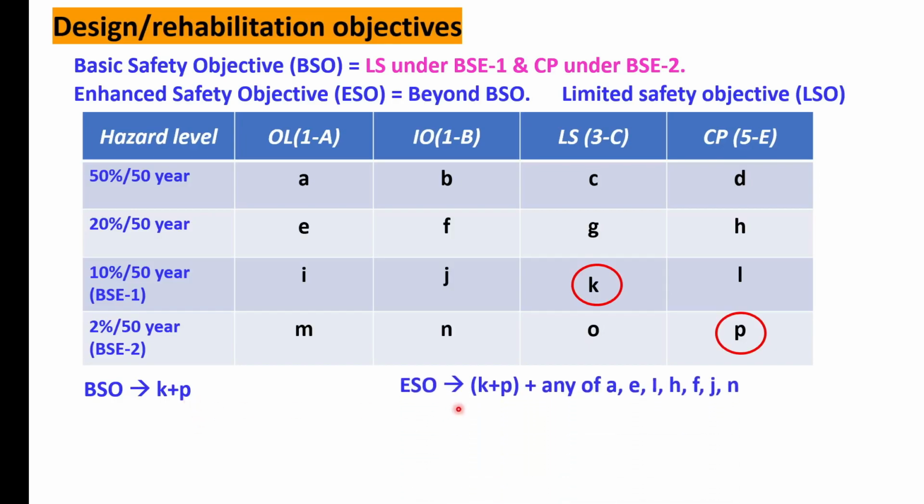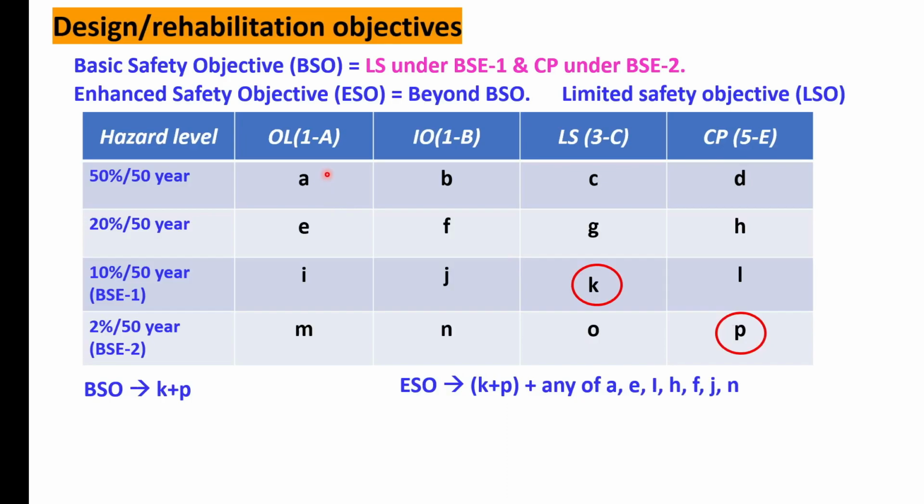Similarly, for other cells, enhanced safety objective will be satisfied when you take K plus P, which is basic. You have to take these two together, and you additionally take any of these: A, E, I, H, F, J, or N. What is A? You see, I have satisfied the basic safety objective, K and P cells.